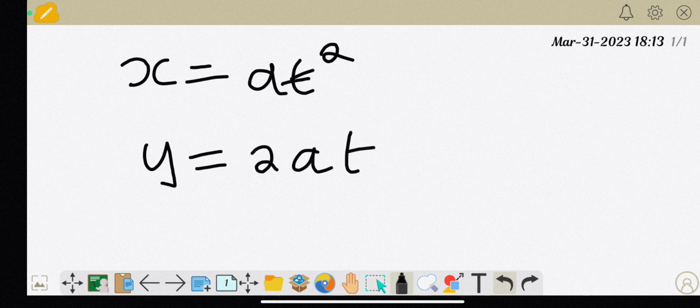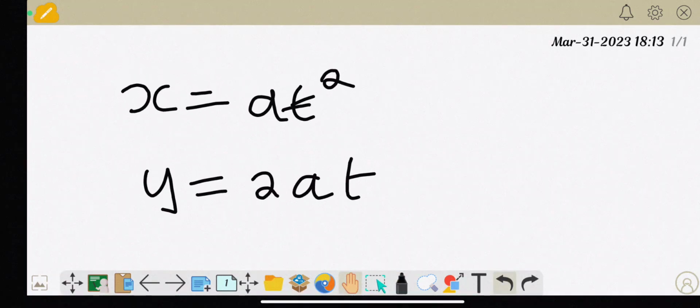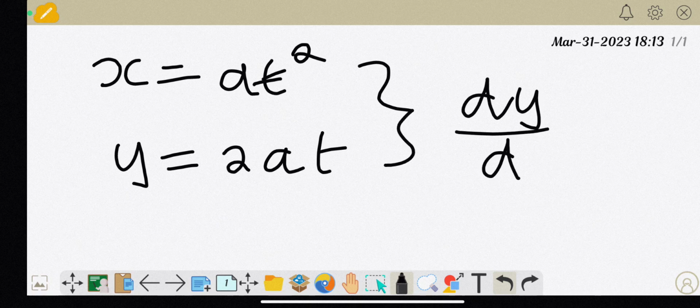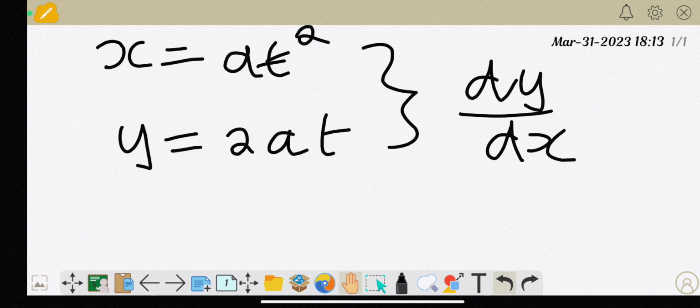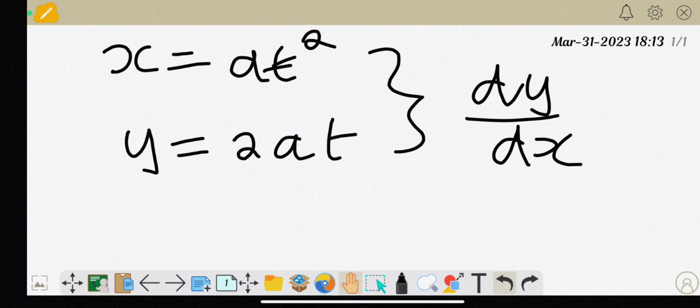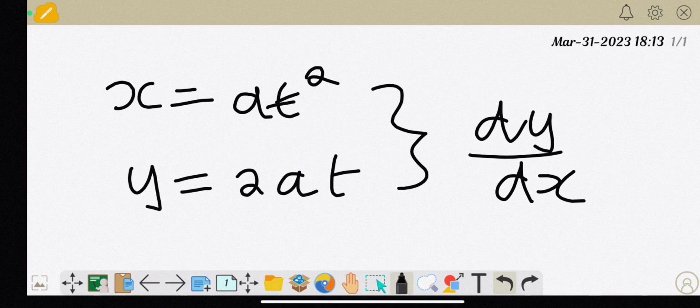So this is one kind of parameterization. Now they have given x and y, and they are asking me to find dy by dx, differentiation of y with respect to x. So how can I find this? First identify the parameter. Now the parameter is t, a is a constant.